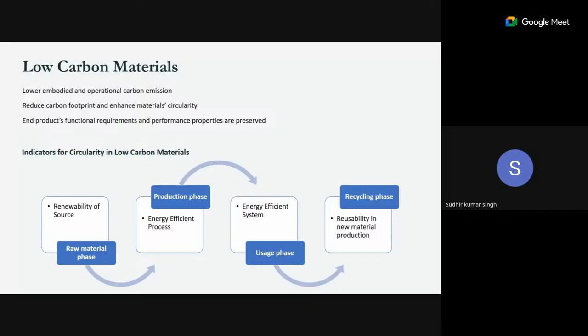Reusability in new material production. Waste which is coming out of the construction. I want to put here 2 different concepts. If I go to the production phase and the recycling phase, there is waste being generated by the construction industry in 2 ways. One, when the construction is taking place.